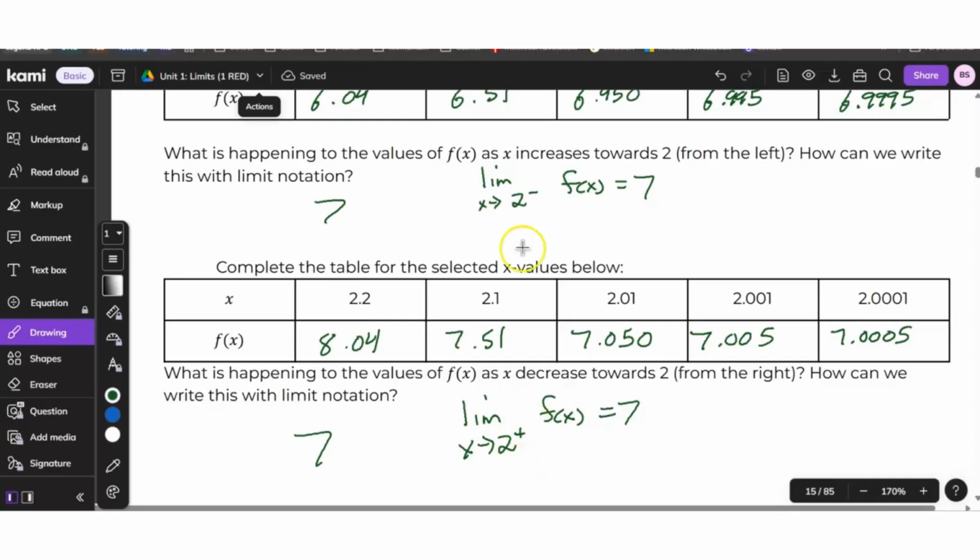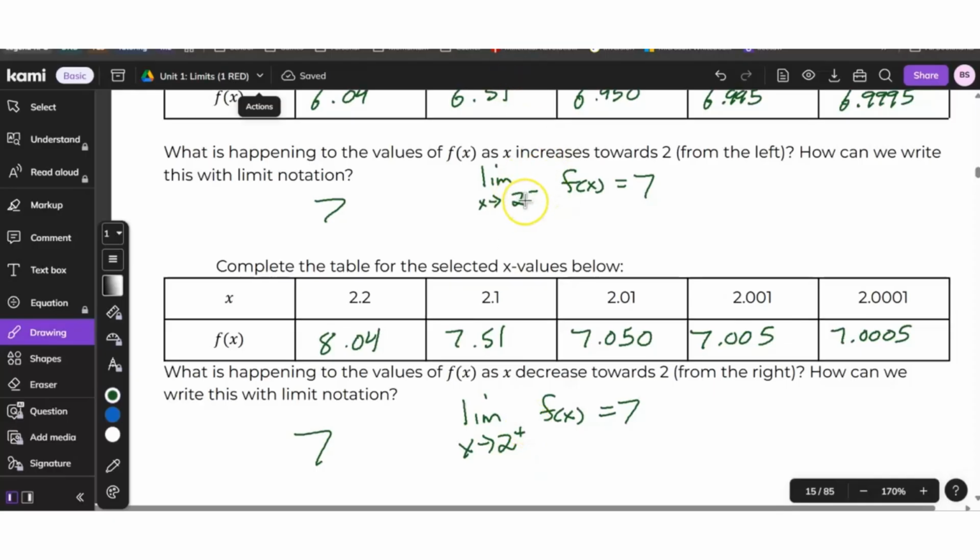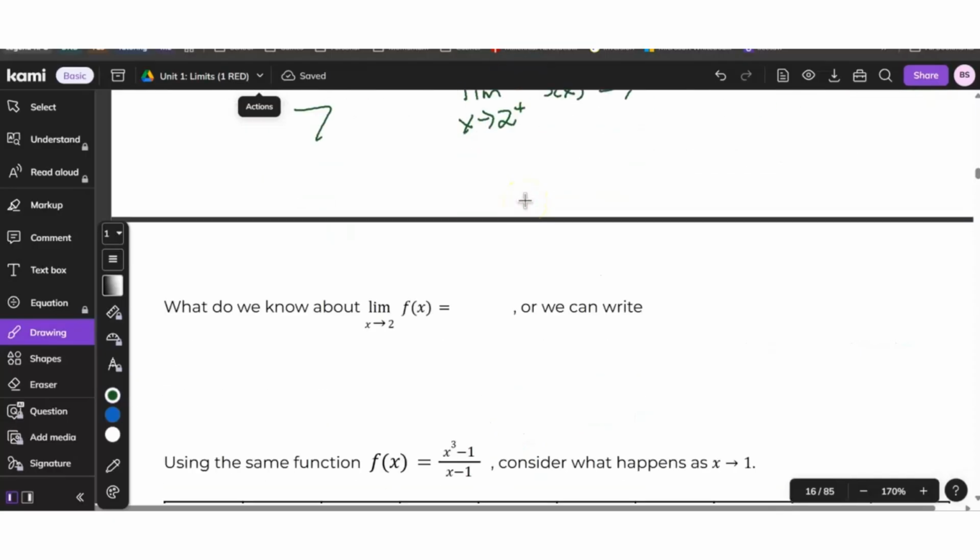This one's approaching from the right, this one from the left. Yep. Yeah. All right, guys, what do we know about that limit? It equals 7, right? Or we can write... Actually, I'm kind of just writing the same thing, I guess. Yeah, I don't think that's what I wanted you to write, and I can't remember what I wanted you to write.